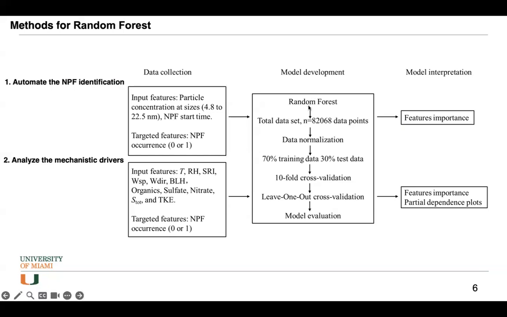For model development, we have data analysis, data processing, data normalization, training and testing, cross validation, and model evaluation. For model interpretation, we have the feature importance and the partial dependence plot to understand how important these variables are.